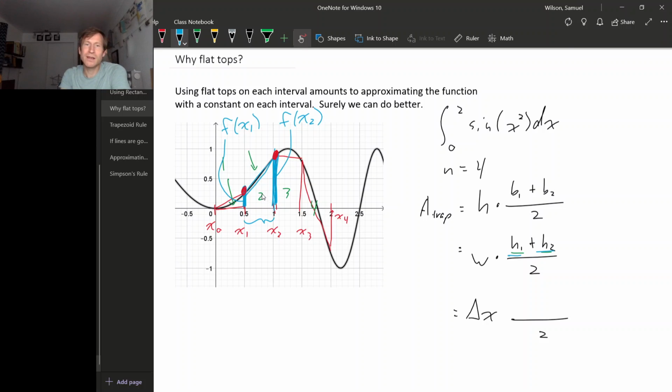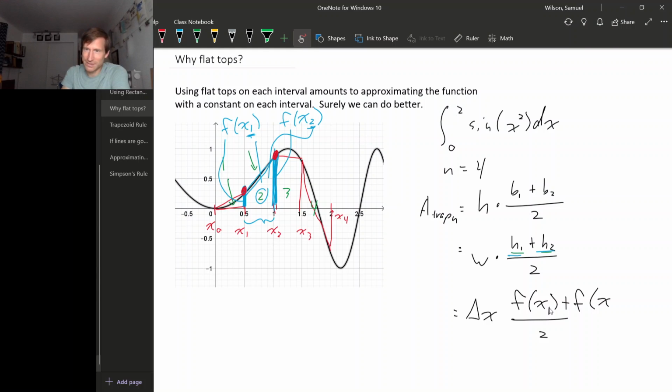Now comparing the trapezoid number to the x's that we have, you see one of them is 1 less than the trapezoid number, and the other one is equal to the trapezoid number. So the area for trapezoid i is going to be the function at 1 less than the trapezoid number and the function at the trapezoid number.